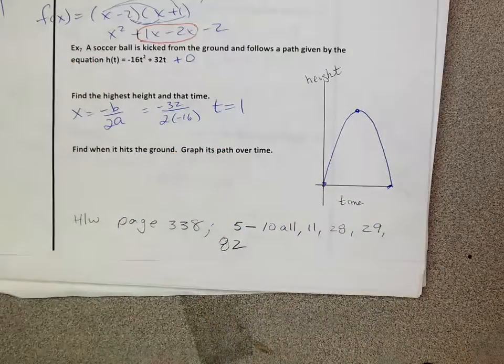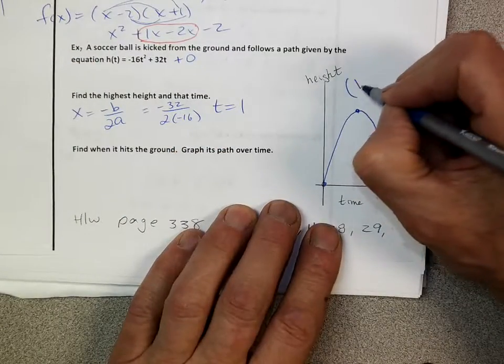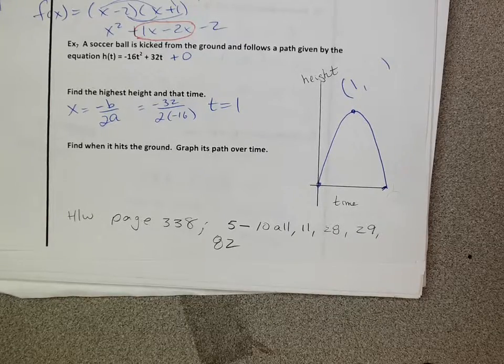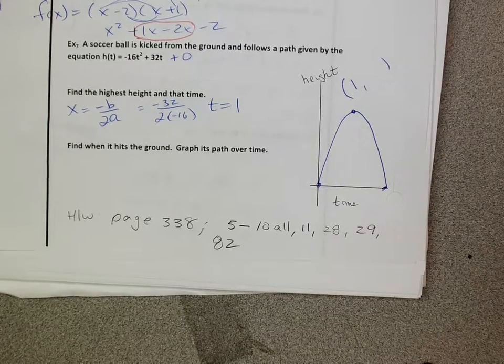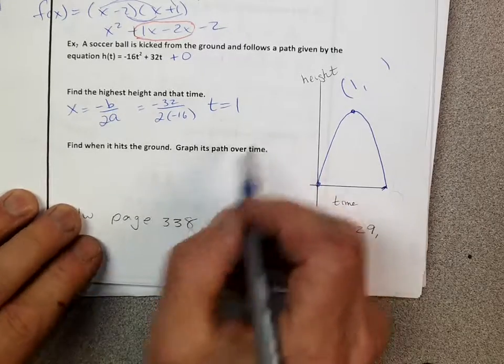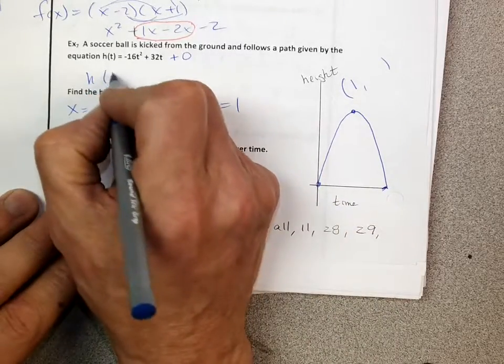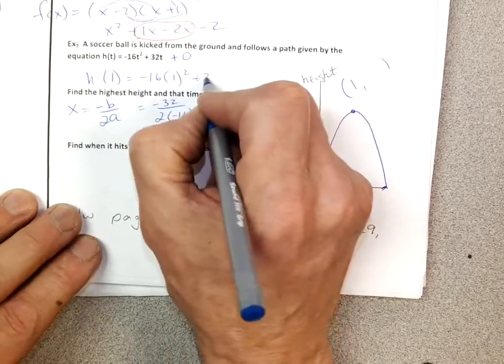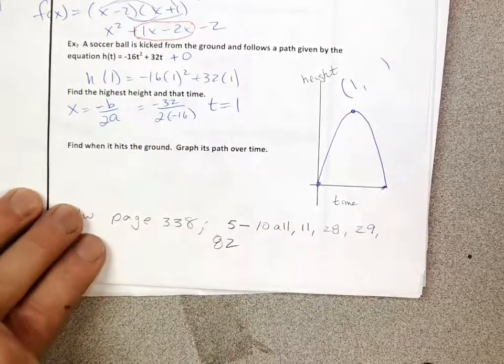So here's what I know. I kick the ball. At 1 second, it's at its highest spot, right? How high is that? What's that height? Let's plug it in, right? So if I plug in the 1, my h of 1 is equal to negative 16 times 1 squared plus 32 times 1, I think I get 16.